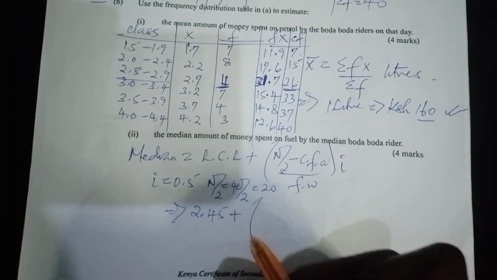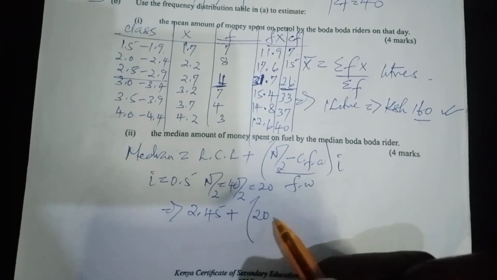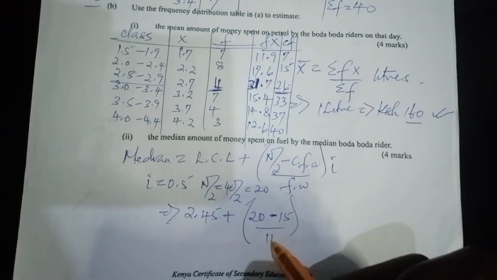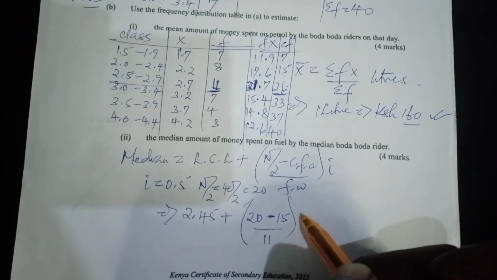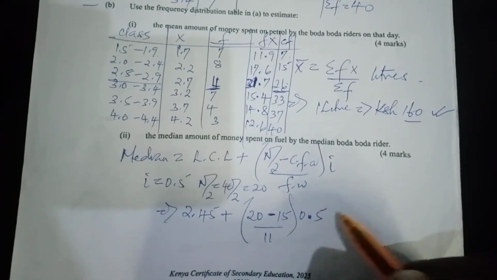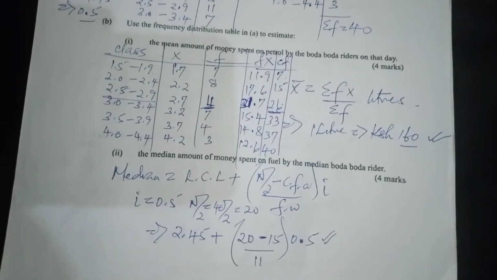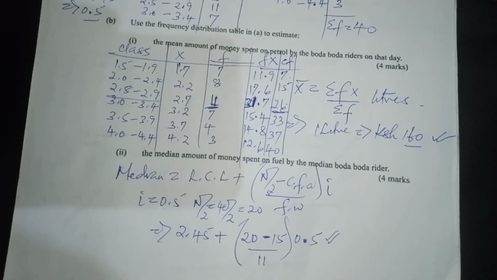Then you have plus n over 2, which is 20. Cumulative frequency above is 15. The frequency within that class is 11, times the class interval, which is 0.5. So we are going to get the median.